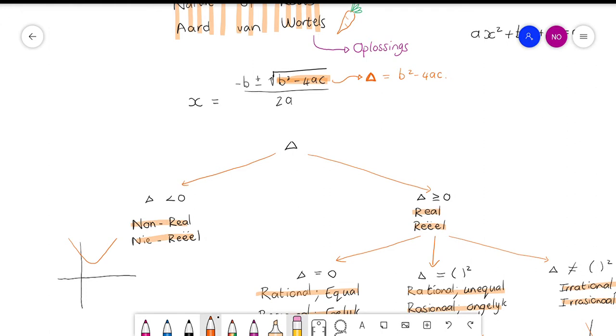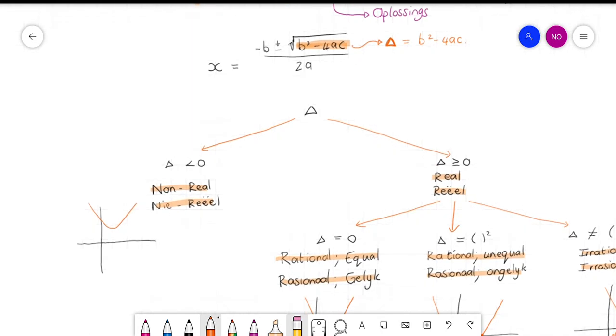Nou onthou, ek het vir julle gesê, van reële en nie reële getalle. En ek het elke keer vir julle die parabool ook bygeteken dat julle kan sien. If that b squared minus 4ac happened to be smaller than 0, and you type it into your calculator, then your calculator would say math error. Wat beteken, daai spesifieke kwadratiese vergelyking het nie oplossings nie.